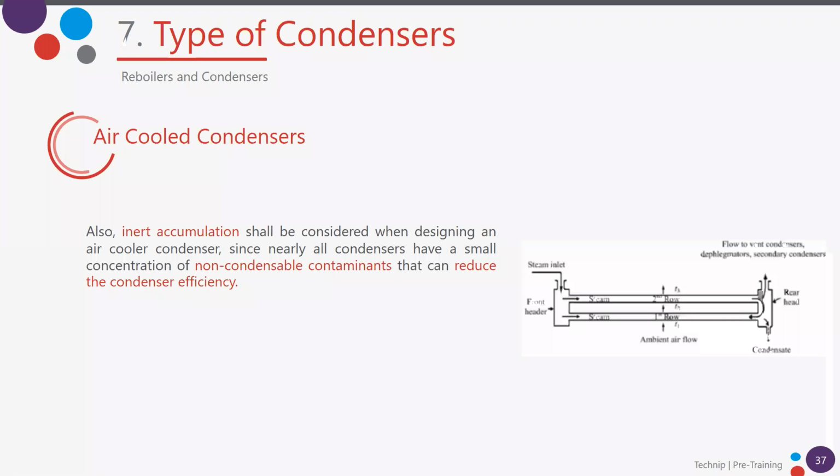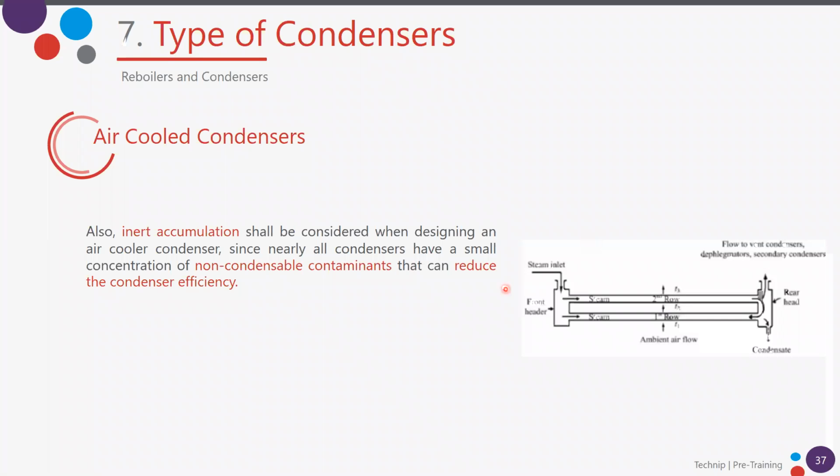So also, in air-cooled condensers, inert accumulations shall be considered when designing an air-cooler condenser, since nearly all condensers have a small concentration of non-condensable contaminants that can reduce the condenser efficiency.